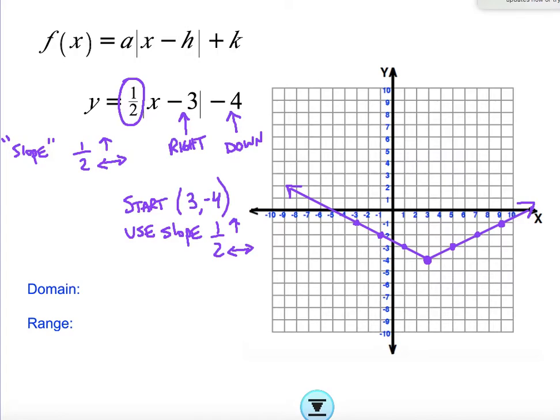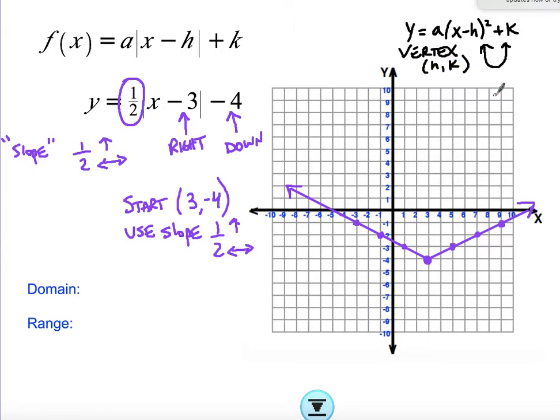Now, I'm hoping that this kind of looks familiar to you. When we did quadratics, U-shapes, and we had them in vertex form, it was very similar to this. Vertex form looked like a times (x minus h) squared plus k. That's when we were graphing U shapes. And do you remember how the vertex for those, when they were in vertex form, the vertex was (h, k)?